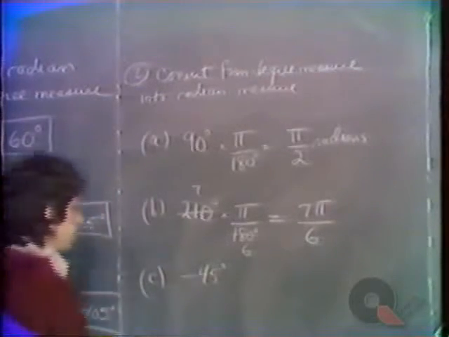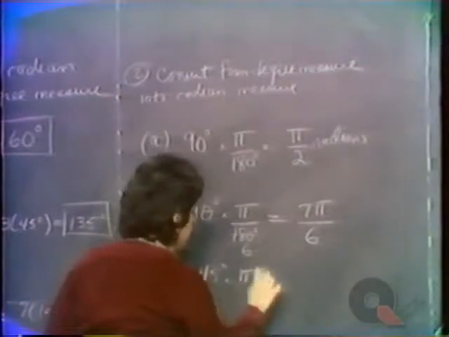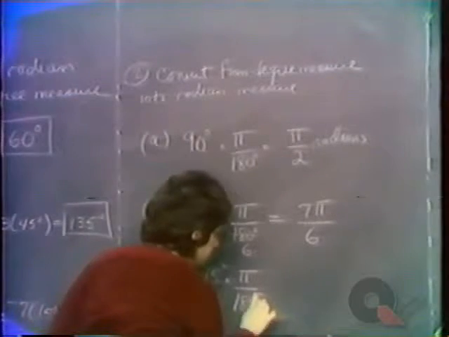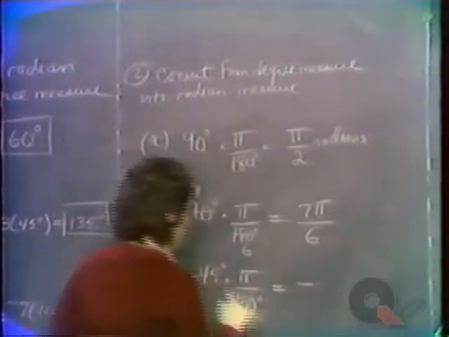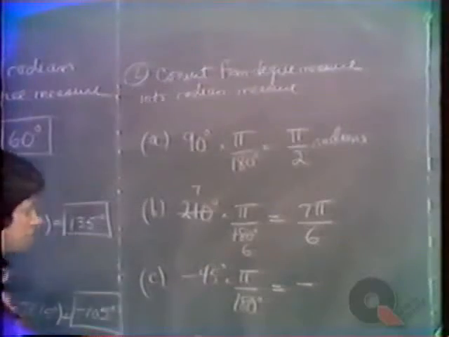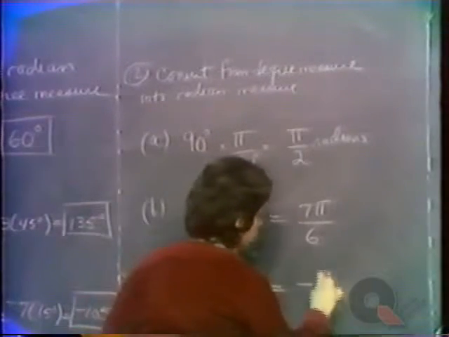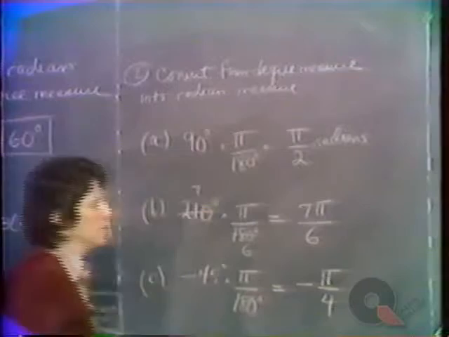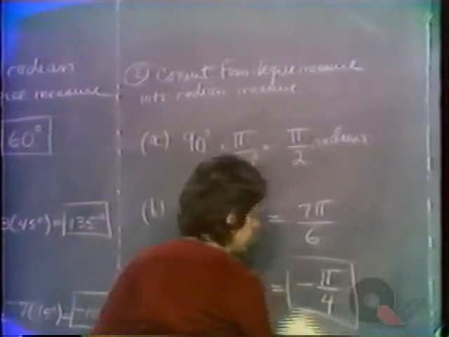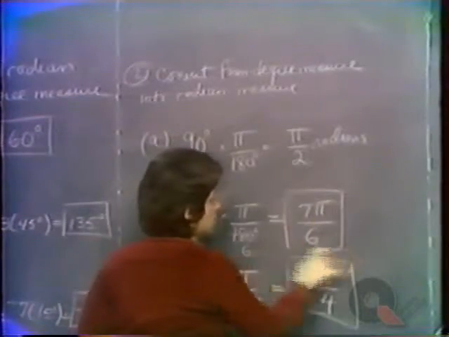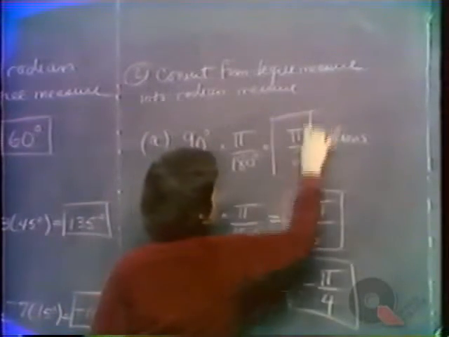And in the last example here, multiplying by pi over 180 degrees, the degrees cancel out. We have minus 45 goes into 180 4 times, so an answer of minus pi over 4 radians. So the answers are here: minus pi over 4, 7 pi over 6, and pi over 2.